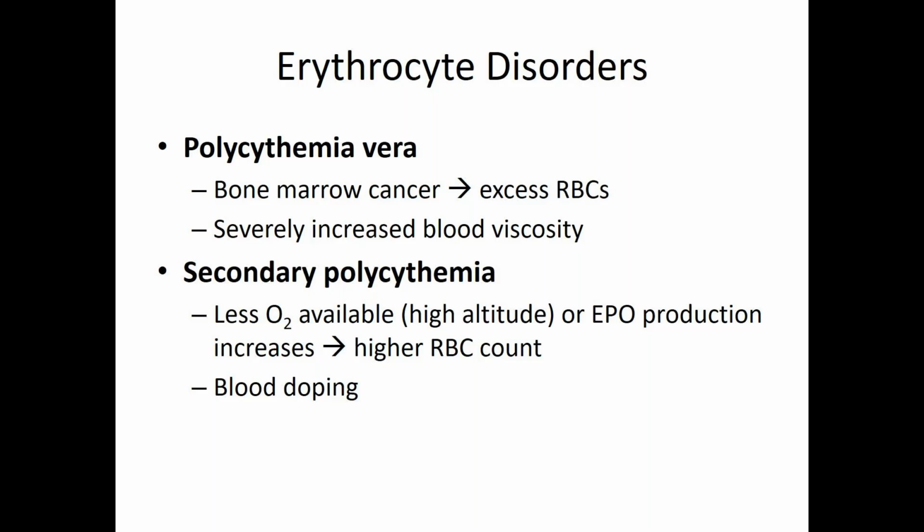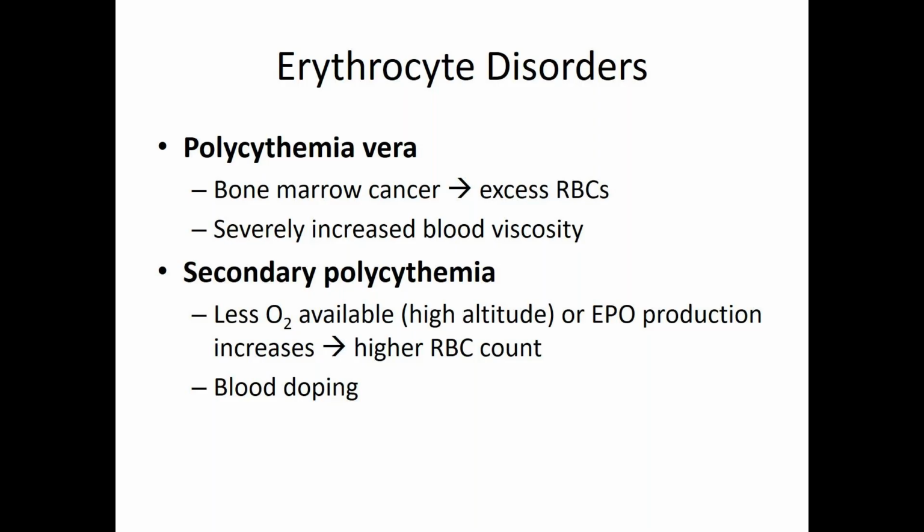Polycythemia vera is typically associated with cancers of the marrow, basically. If you are unfamiliar with what a cancer is, all a tumor is unrestricted cell division and cell growth. And so if that unrestricted cell division occurs in a population of, say, committed red blood cells, right, so our pro-erythrocytes, well, then we're going to have a huge amount of red blood cells at the end of it, right?